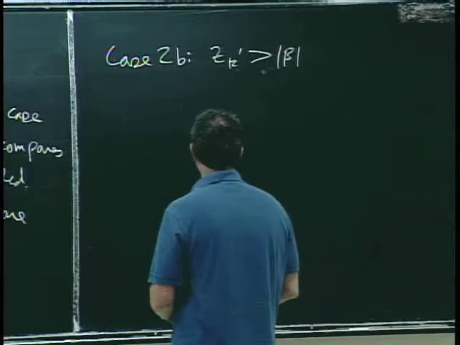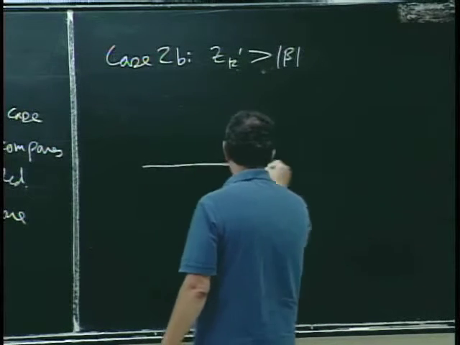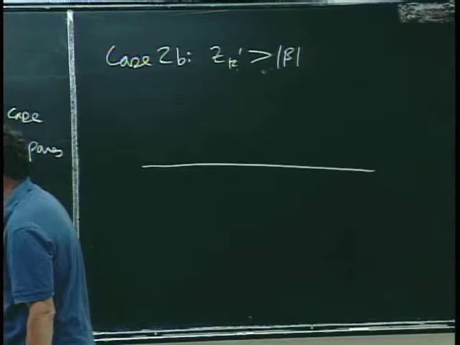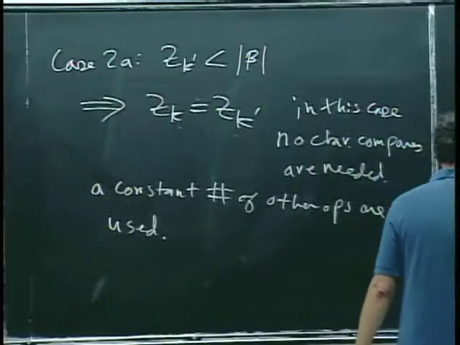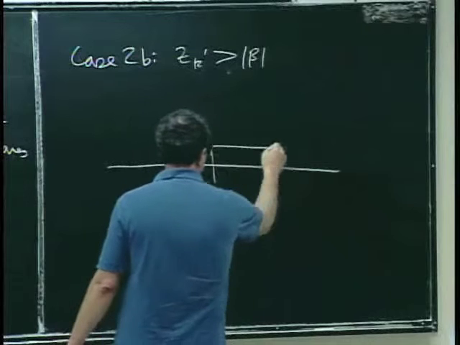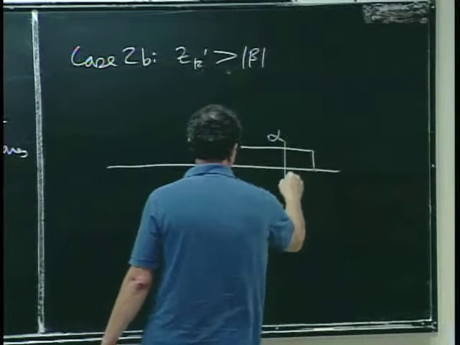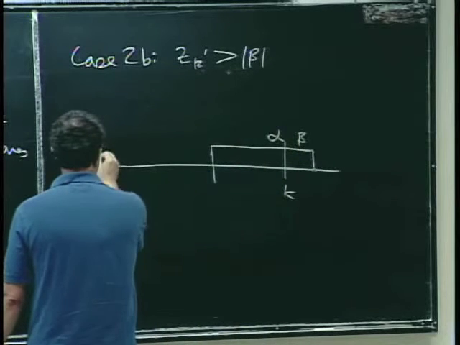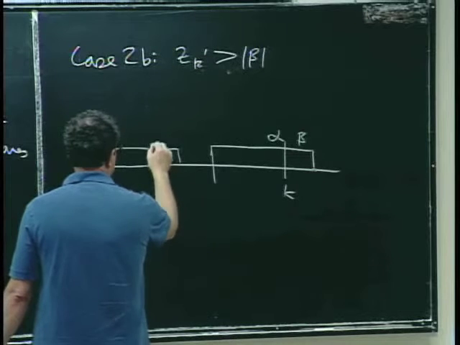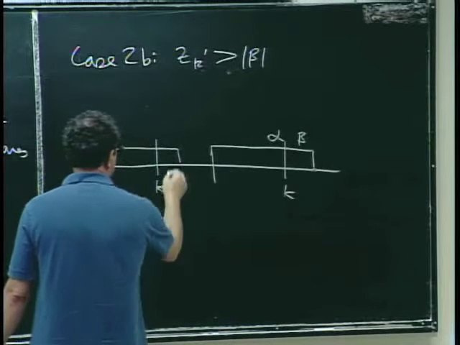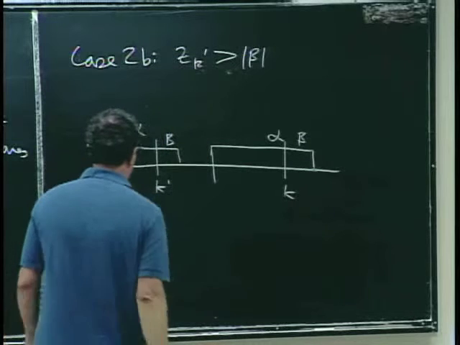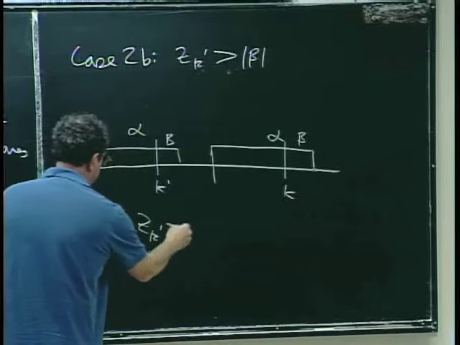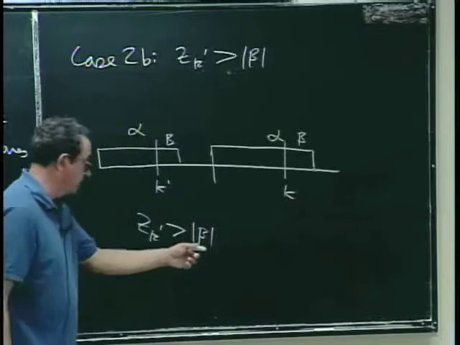Okay, so let's think this one through. Let's see, can I reuse that picture? It's getting very cluttered. I'll just redo it. So here's alpha again, here's k, here's beta, here's k prime, another beta, another alpha. All right, so zk prime is strictly bigger than the length of beta.